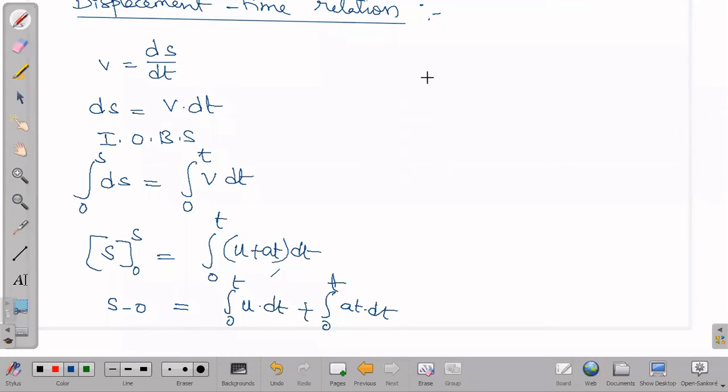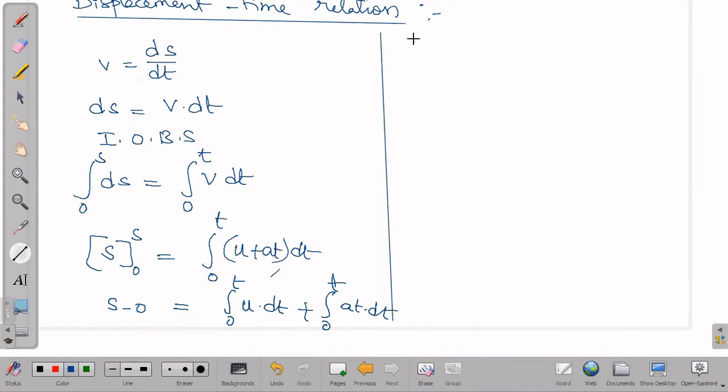Next, we will apply these integrations individually. If we apply the integration individually, what do we get?